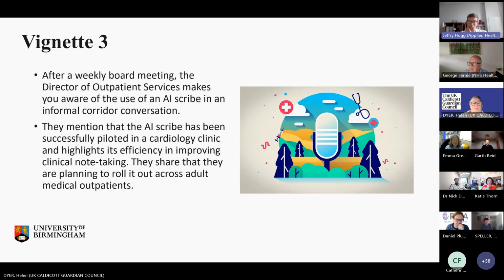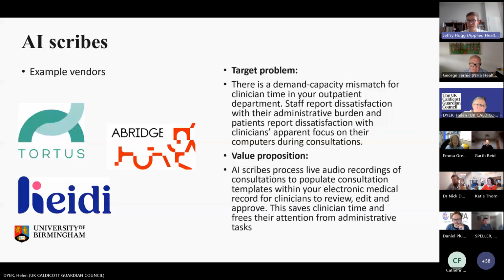And then final slide from me, which is just to say that these technologies try to target the degree of administrative burden on clinicians in clinics and other settings where there's quite a lot of administrative tasks in writing down notes from consultations and having to be focused on a computer, which often doesn't add to the experience of the consultation for service users.